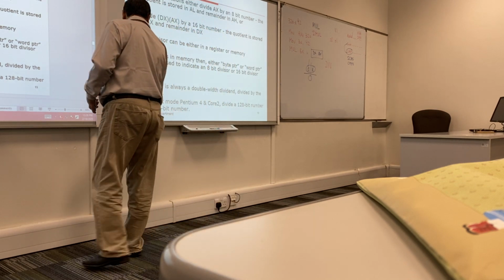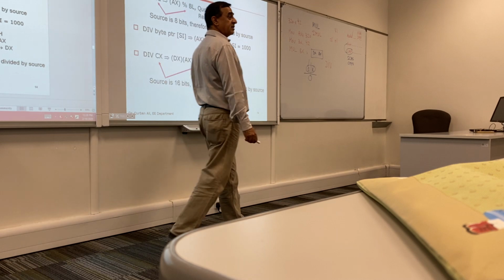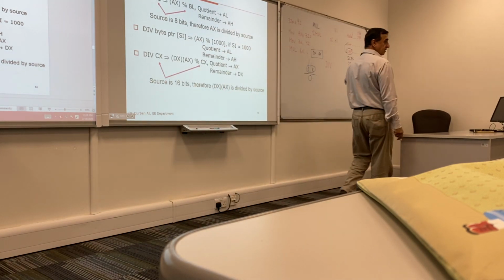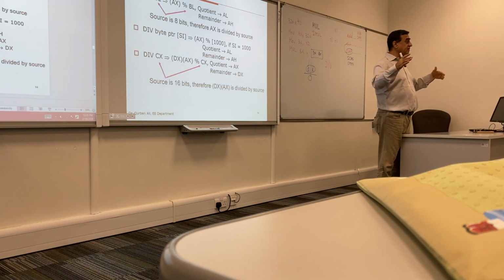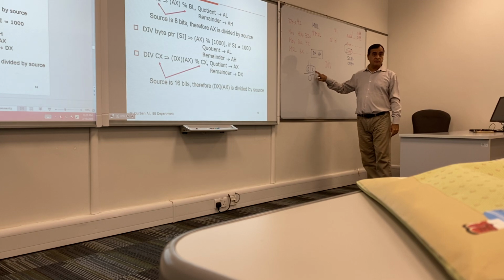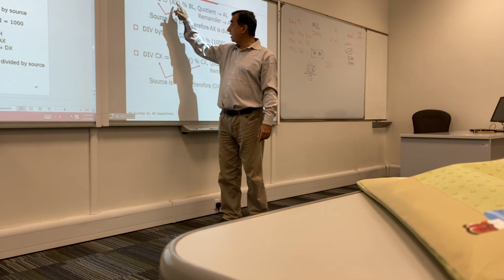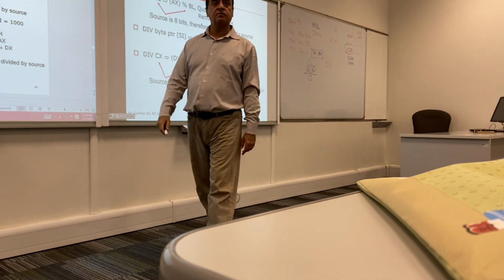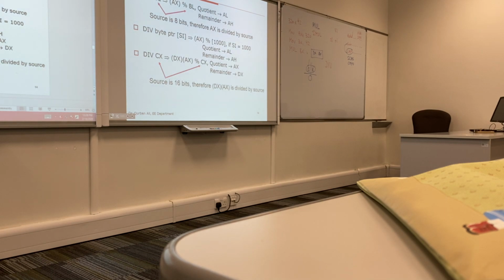So here, when I say DIV BL, this means this is the second operand. First operand will be in the accumulator, but double size, because the numerator we said has to be double size. Okay? DIV BL means AX divided by BL. The other operand is of double size and in the numerator.